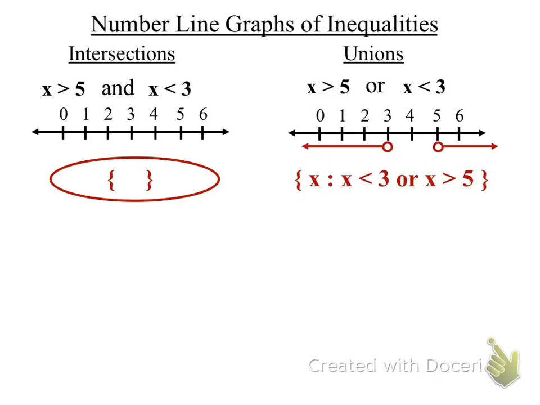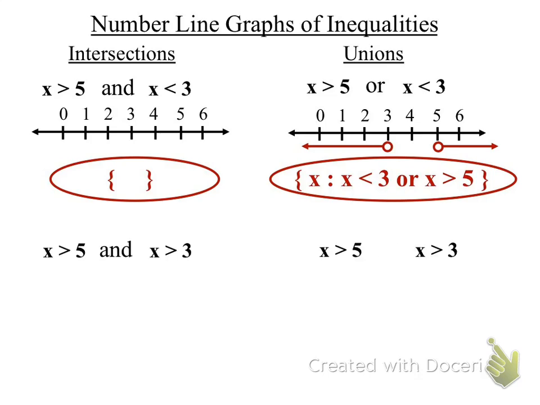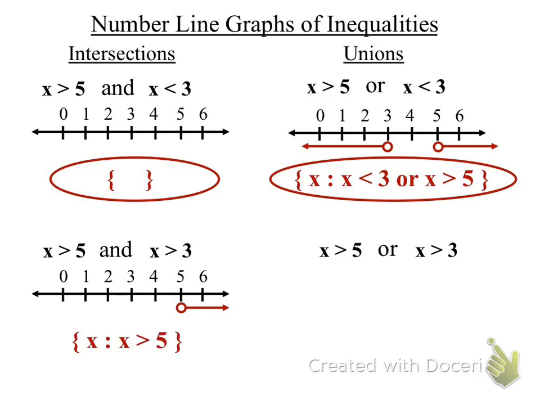Okay? So on this one, we've got the union, which includes all of that or all of that, and we just write that. There's no way to combine that. All of the numbers less than 3 and all the numbers greater than 5. This is x is greater than 5, and this is x is greater than 3.